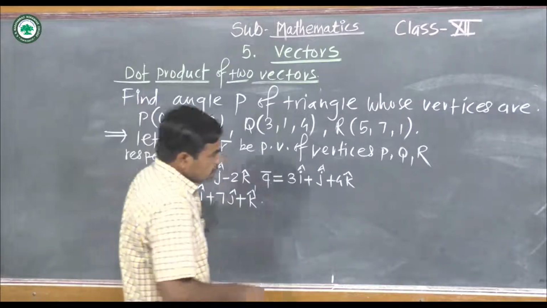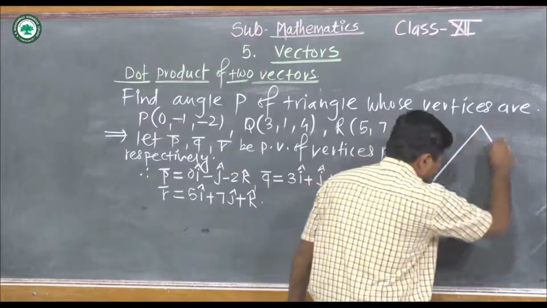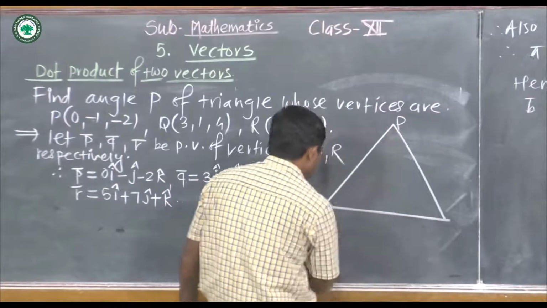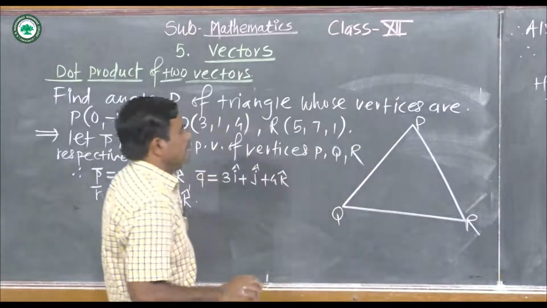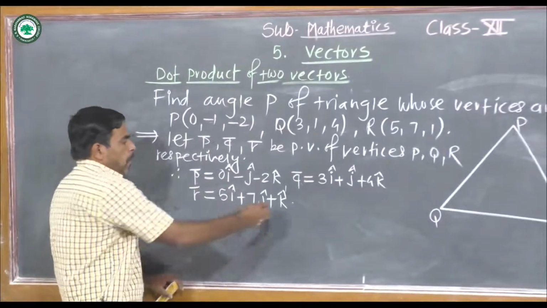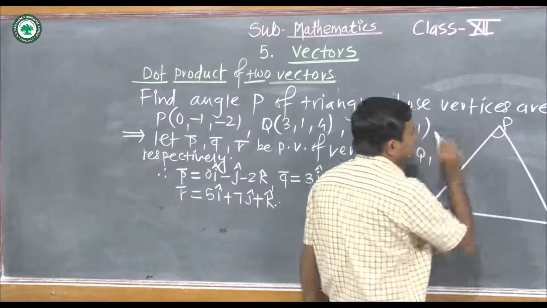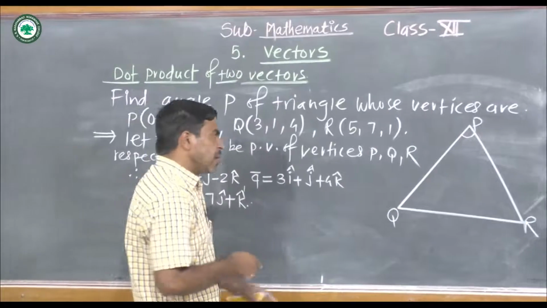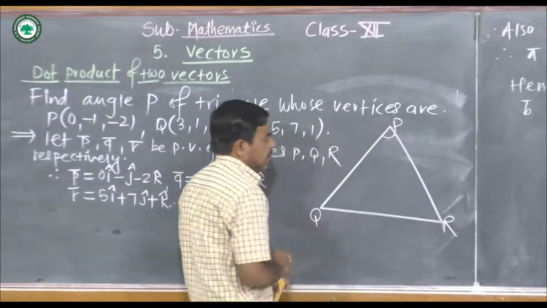You know that, see, P, Q and R. This is triangle PQR. And we have to find out the measure of the angle P. Now angle P is the angle between sides PQ and PR.